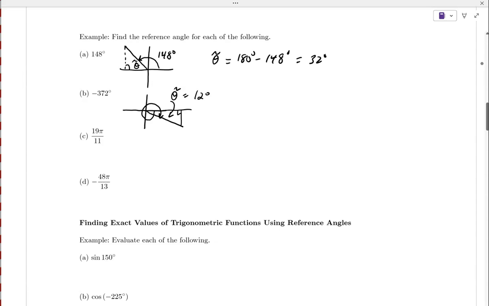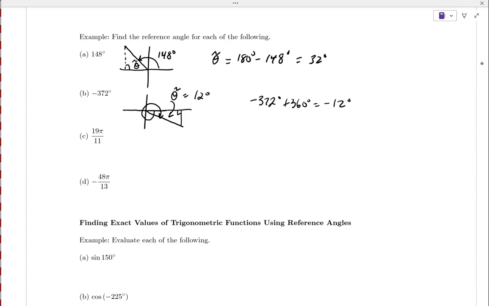The reason we got positive 12 was because we did negative 372 plus 360 to get the coterminal, but instead of measuring down, we just measure up in a positive direction. If the value is negative, ignore the negative and put it between 0 and 90, and that is your reference angle. You don't have to worry about the negative.